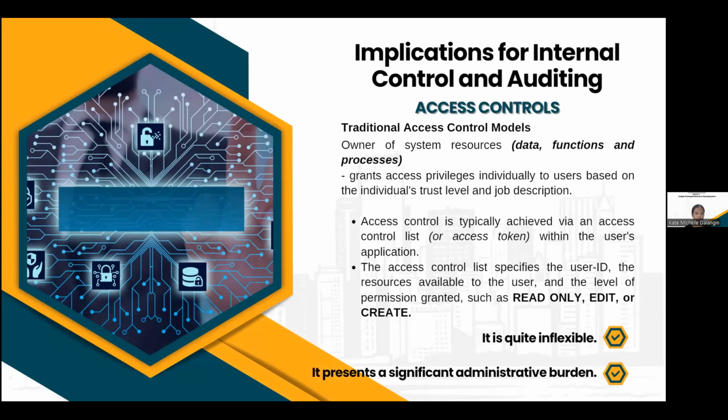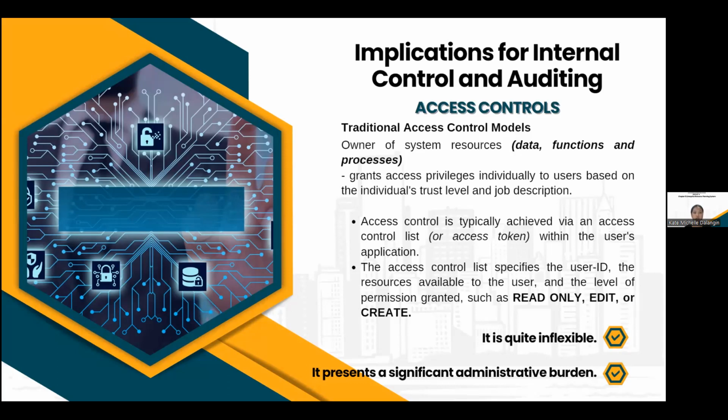So we have traditional access control models. Traditionally, the owner of system resources or the data, functions, and processes grants access privileges individually to users based on the individual's trust level and job description. Access control is typically achieved via an access control list or access token within the user's application.